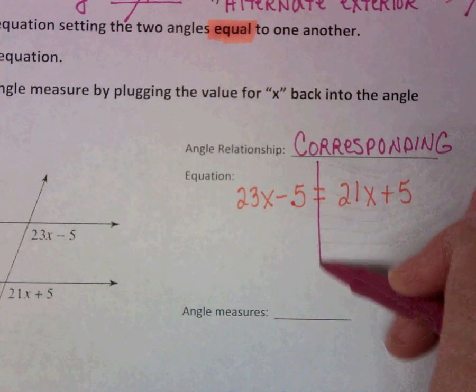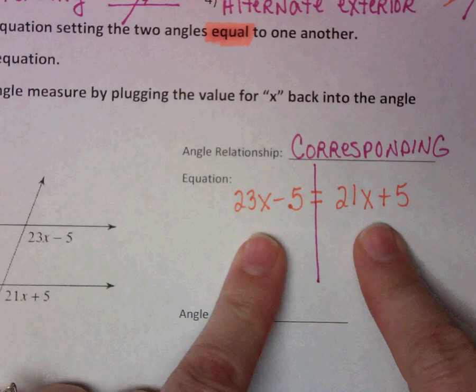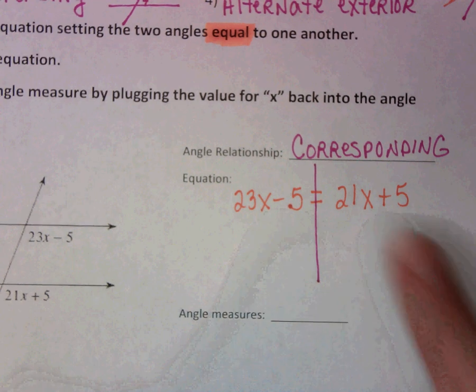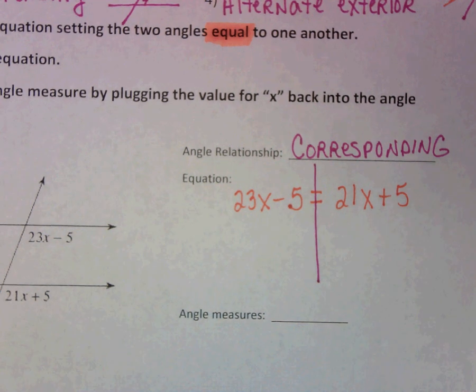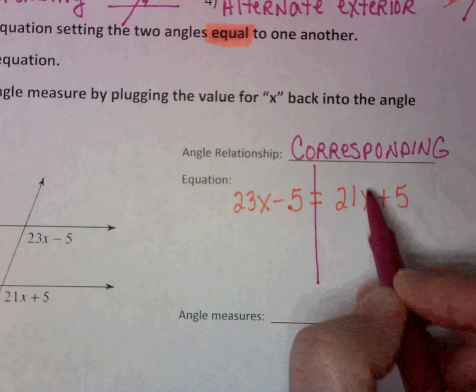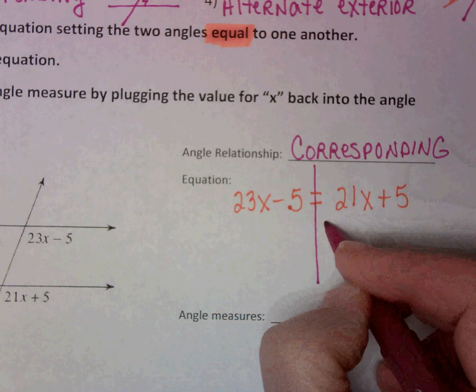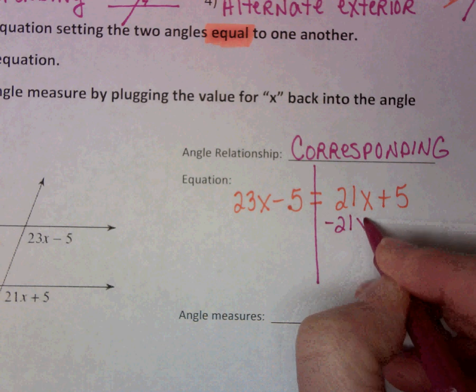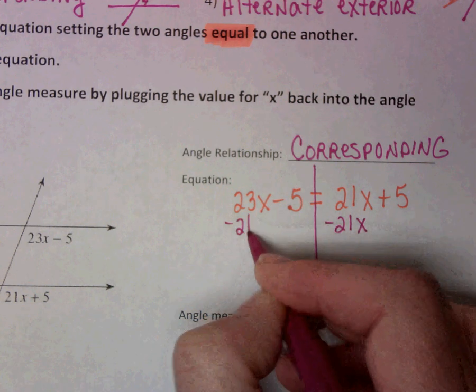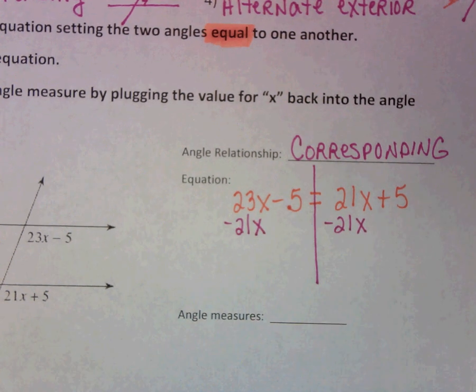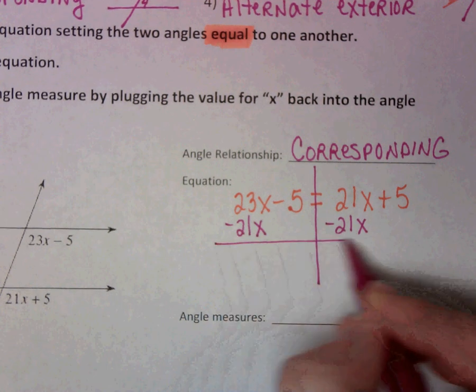So we're going to check for like terms. None, check, done. Okay, now we're going to move our variables to the same side. I want to move the 21x. It's positive, so I'm going to subtract it. Remember, we move the variables by adding or subtracting.